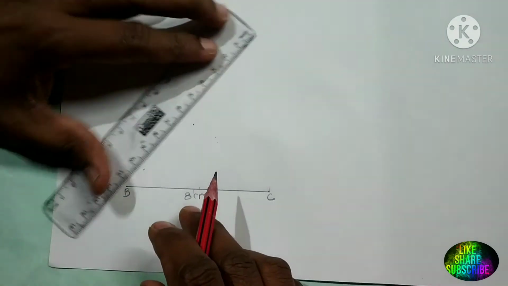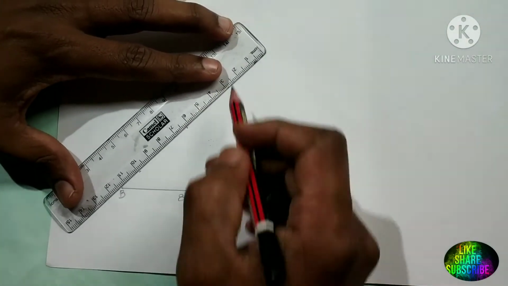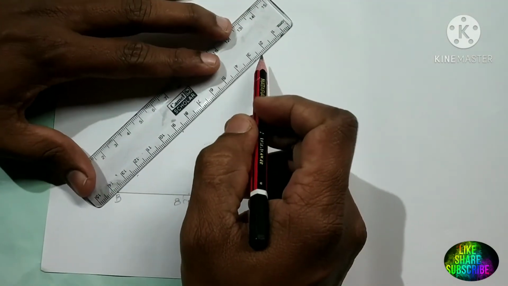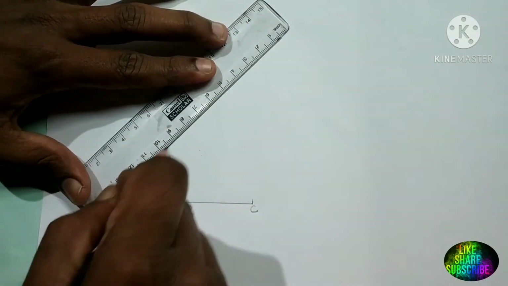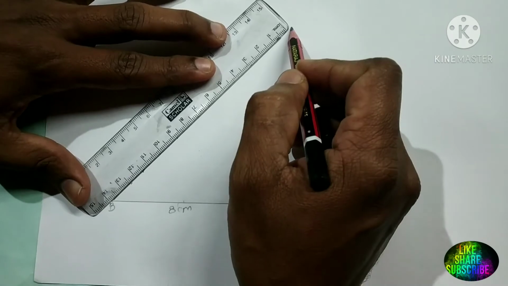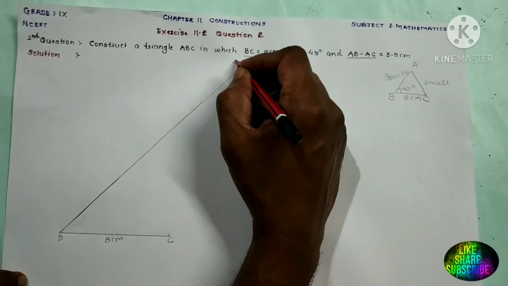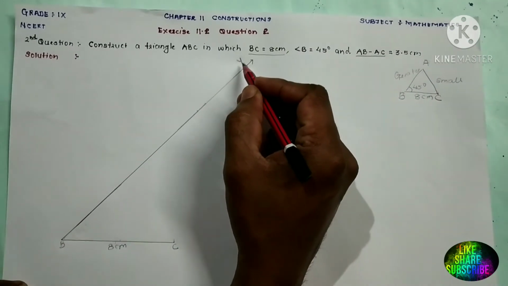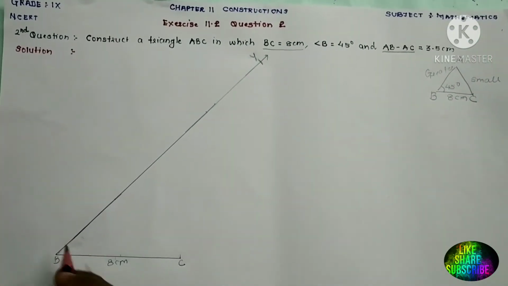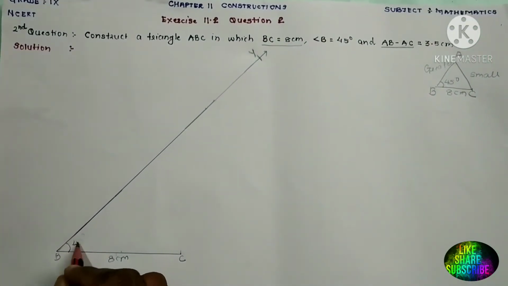Next you have to join this point and extend this ray like this. So this is Y and the ray is YB and this angle is angle YBC and the degree is 45 degrees.